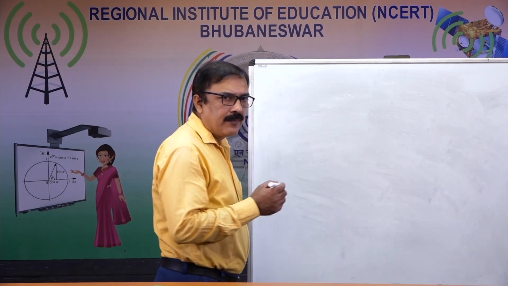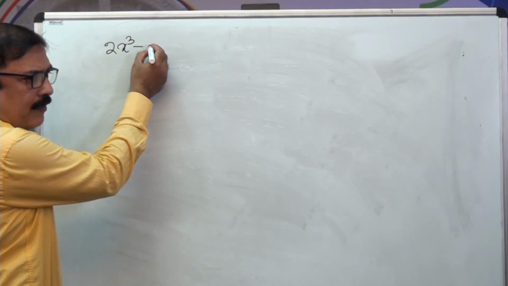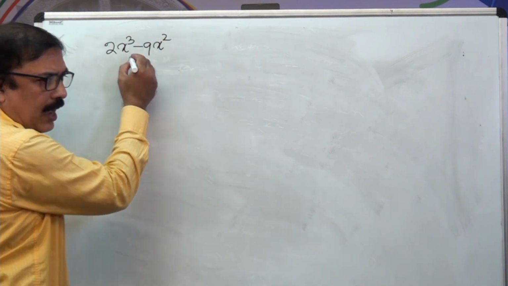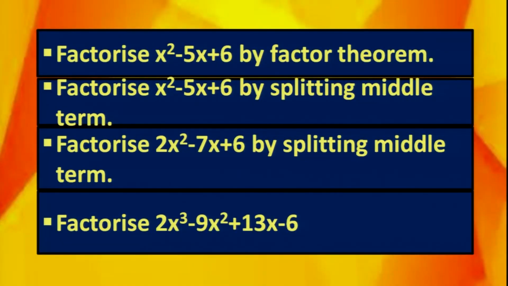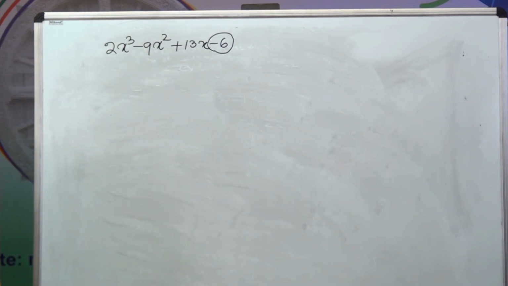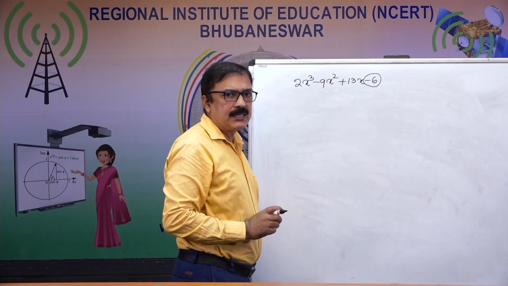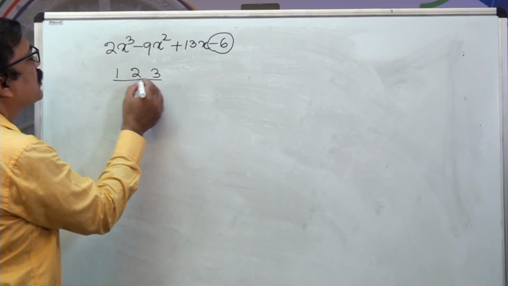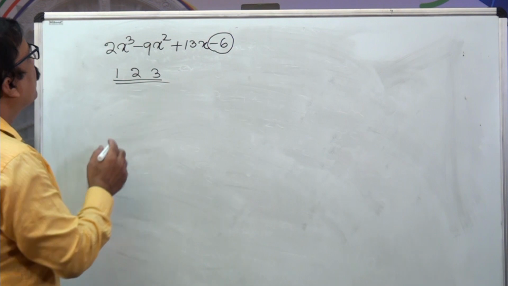See, the polynomial is 2x cube minus 9x square plus 13x minus 6. Now always look for this minus 6. For which numbers is the product minus 6? 1, 2, 3. Start with these numbers.